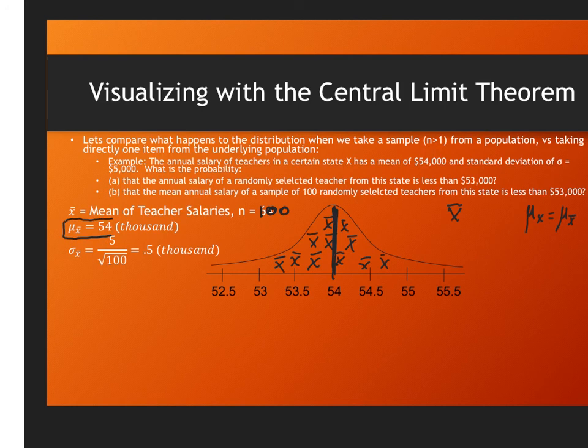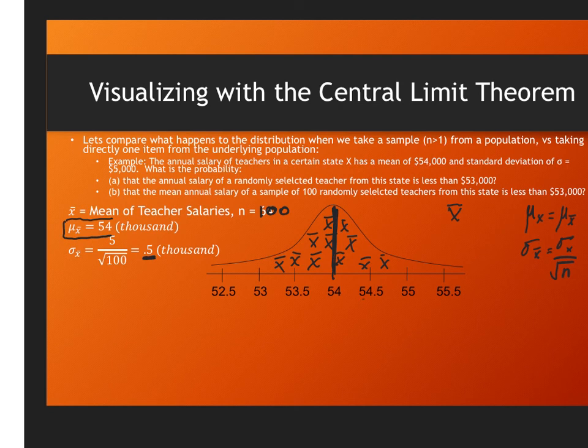But the one thing that's changed is that the deviation, or the spread, of these samples becomes smaller and smaller as my samples become bigger. Specifically, if I take the deviation of the individual teachers and divide it by the square root of my sample size, that gives me the deviation of this new distribution. So no longer am I adding 5,000 every time I move to the right.